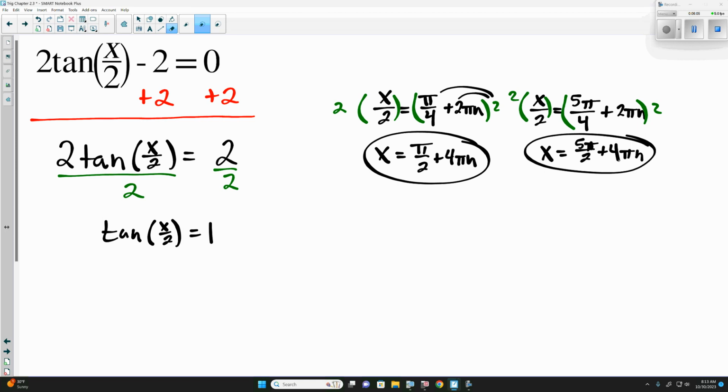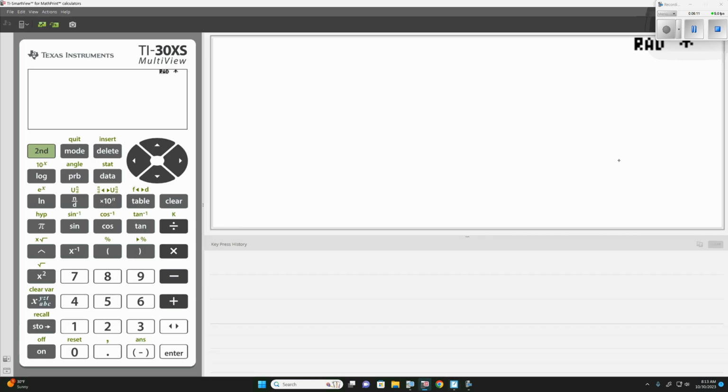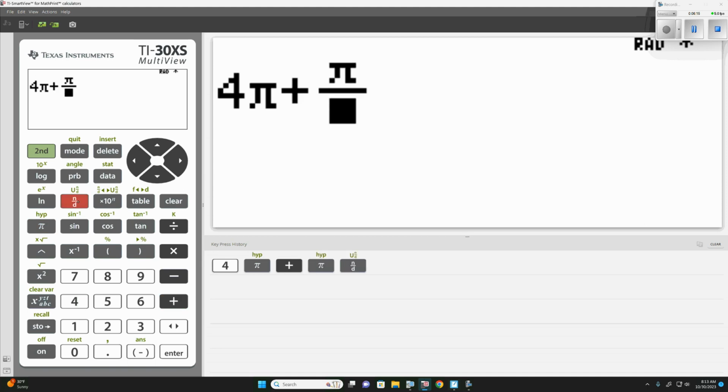And realistically, these are the same statement, because if we add 4 pi to pi over 2, 4 pi plus pi over 2, we get 9 pi over 2.